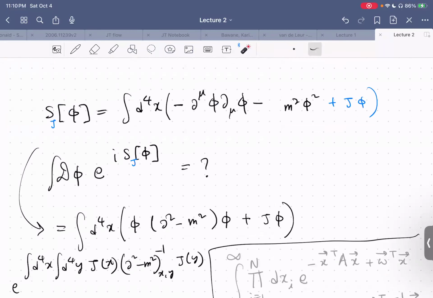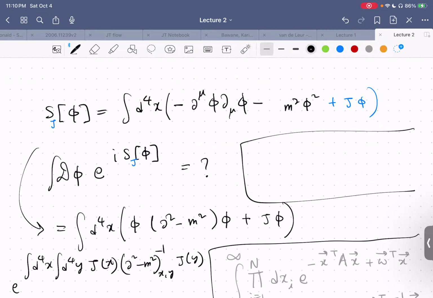Again, I assume that you have already seen how to derive equation of motion from actions. So if you do it from here, the equation of motion that you would get is nothing but del square minus m square acting on phi is 0.